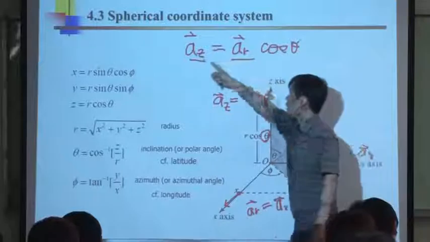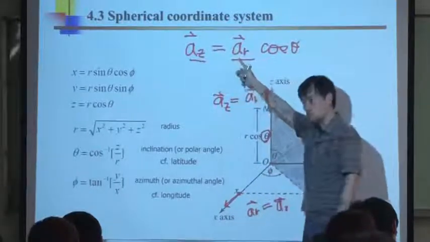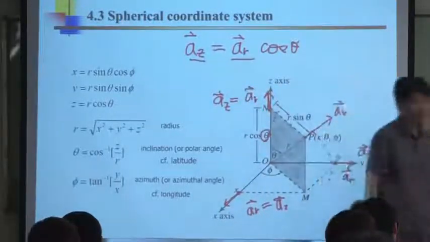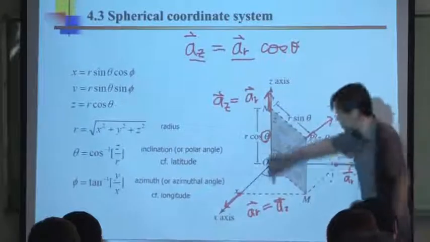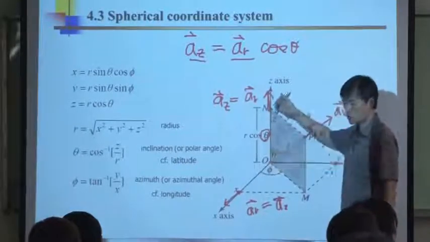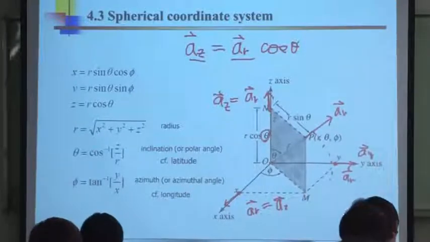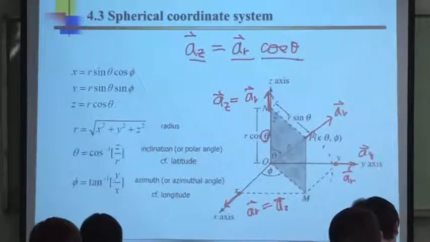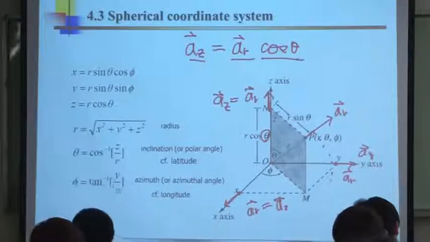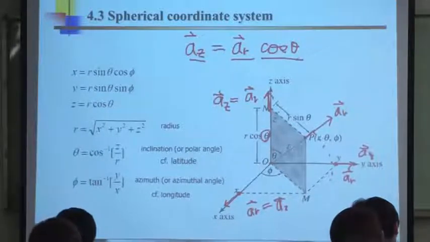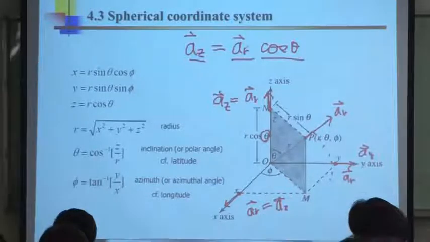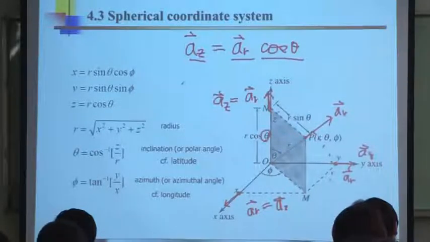So the AZ is equal to minus AR. Because the AR is pointing down and the AZ is pointing up, it is in the opposite position. So with this component, we can make the relation between the AR and AZ.